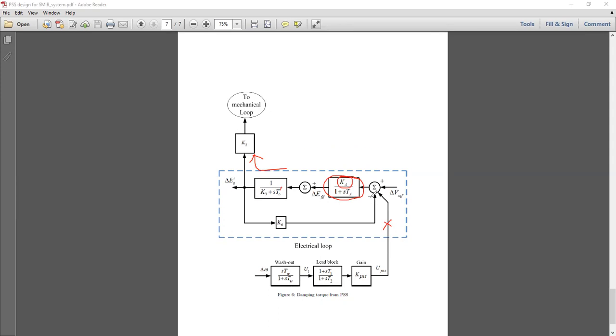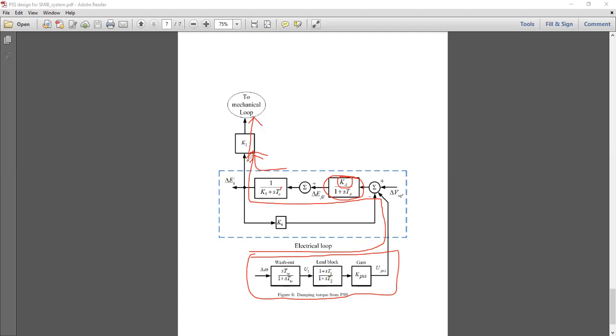Now in addition to that, we are incorporating some additional dynamics with the help of PSS, and we are injecting some other damping. Instead of that negative damping, we are now trying to design a positive damping effect through this same channel, but now with the help of PSS. So through this channel, the signal will be fed through the K2 gain block to the mechanical loop. This will be the injection point.